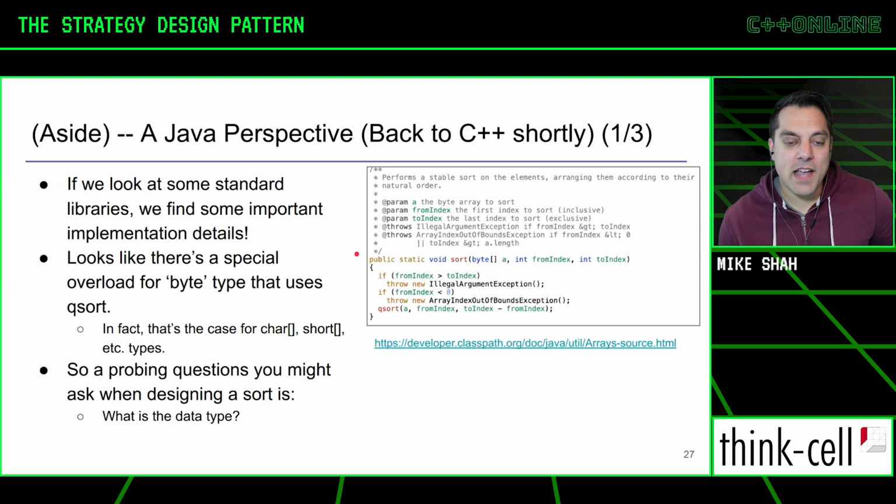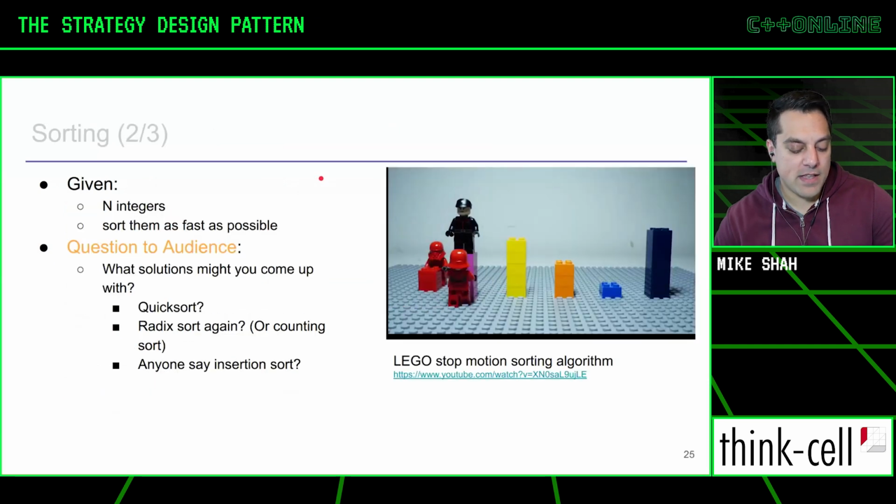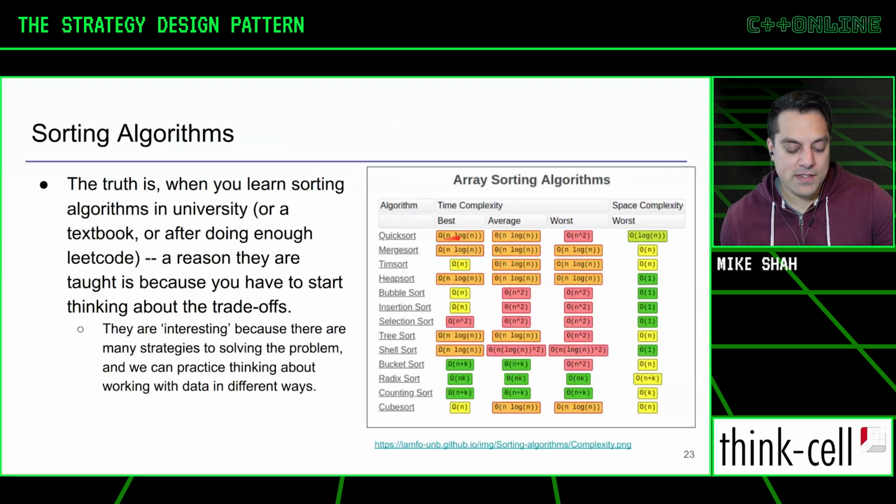So, as a quick aside, I'm going to bring it to C++ in a moment. And I remember this specifically from Java because it was sort of interesting in my university studies. If I go back even to the table, we just default to something like a comparison sort, where there's n log n complexity.